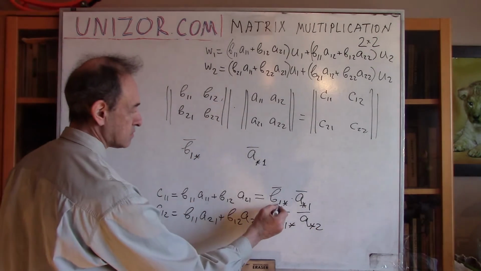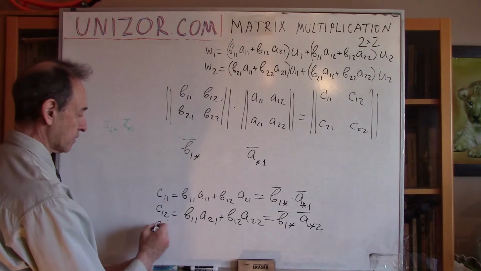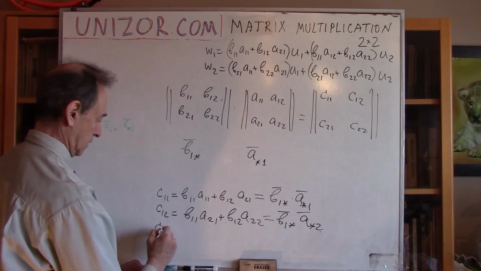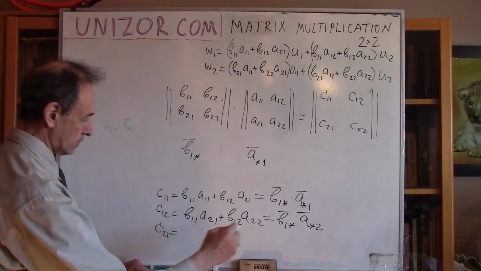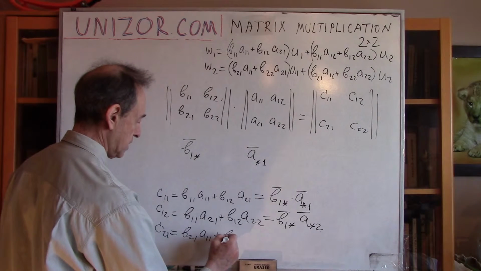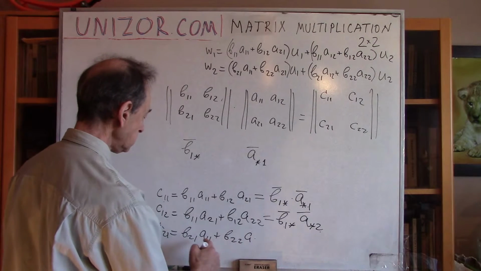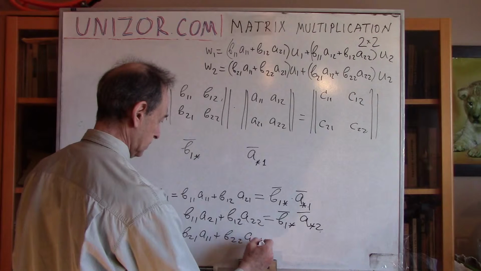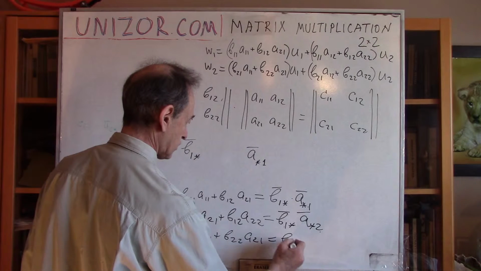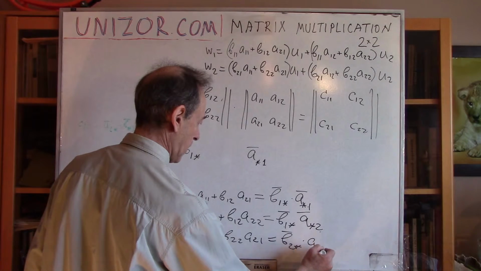So again, you see, these 1 1 and this is 1 1. This is 1 2. This is 1 2. And same thing will be for C21, which is the second row, B21 A11 plus B22 A21, equals B2 asterisk times A asterisk 1.